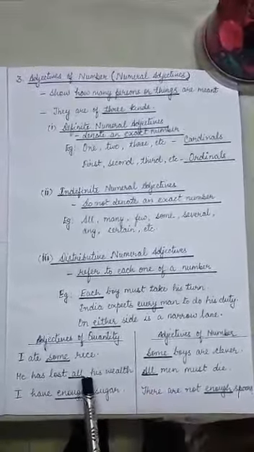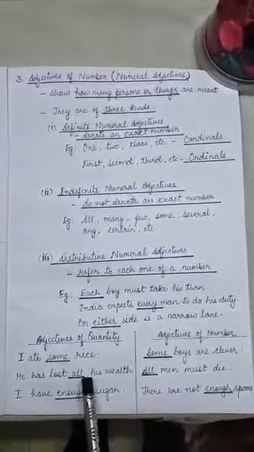Now the fourth kind of adjective is the demonstrative adjective, which points out which person or thing is meant. For example, this boy is stronger than Hari. I hate such things. So these adjectives, which are called demonstrative adjectives, answer the question which.